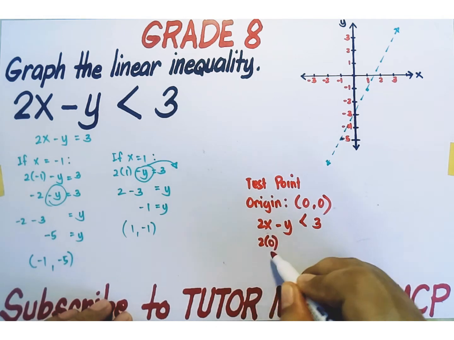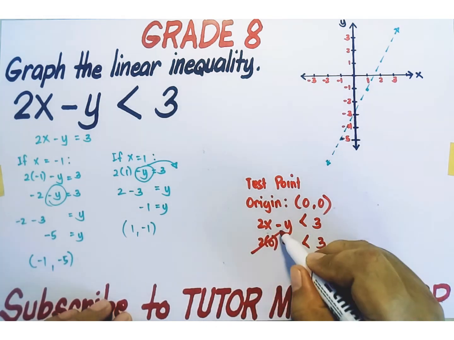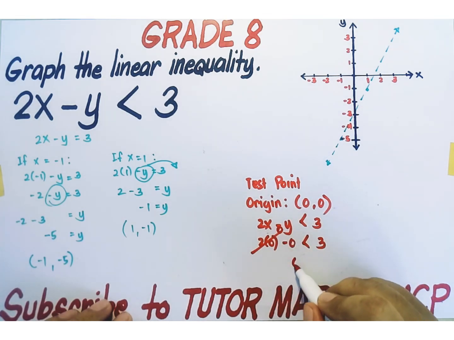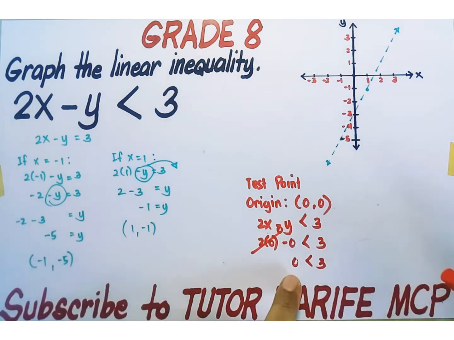2 times 0 minus 0 is less than 3. 2 times 0 is equal to 0. 0 minus 0 is equal to 0. 0 is less than 3. Is this a true inequality statement, 0 less than 3? 0 less than 3 is a true inequality statement.